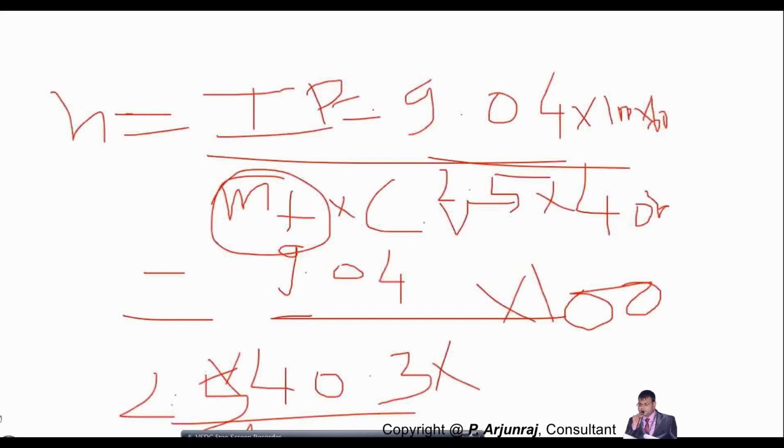Why I am putting 100 is that you need to have 100% in terms of 100. So in the numerator we have 54240, divided by 2.5.